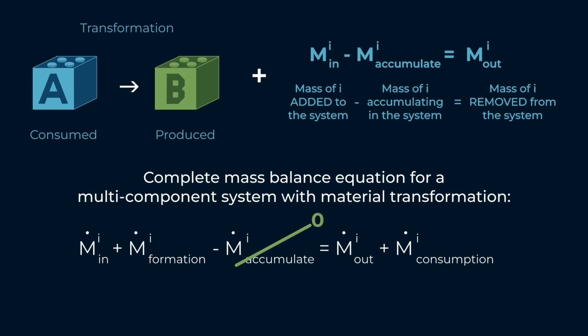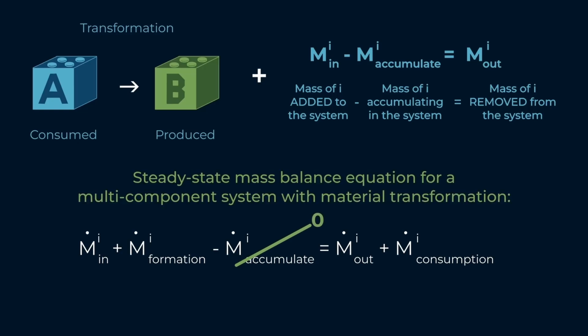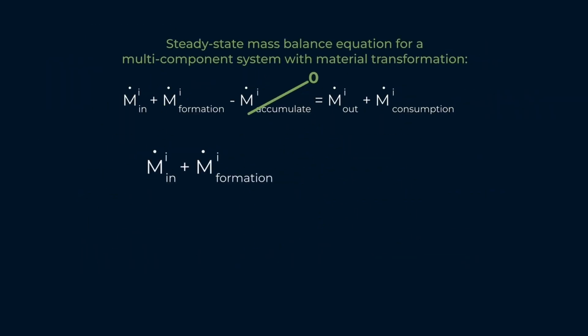Applying the steady state condition, we get the steady state mass balance equation for a multi-component system with material transformation. The rate of mass of component entering the system plus the rate of mass of component being formed in the system is equal to the rate of mass of component leaving the system plus the rate of mass of component being consumed in the system.